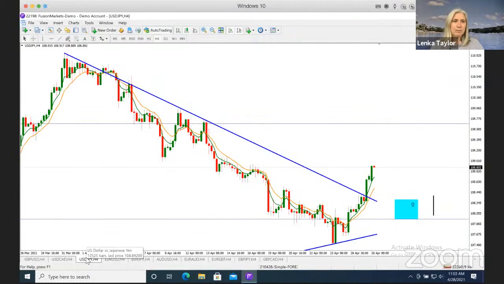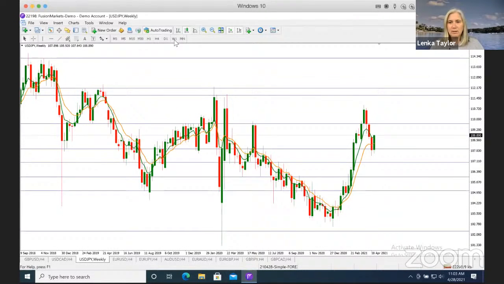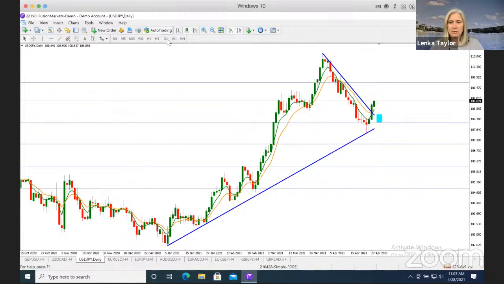Next currency pair I'm looking at is Euro JPY. So this one I'm looking at a long after this reversal on the daily.